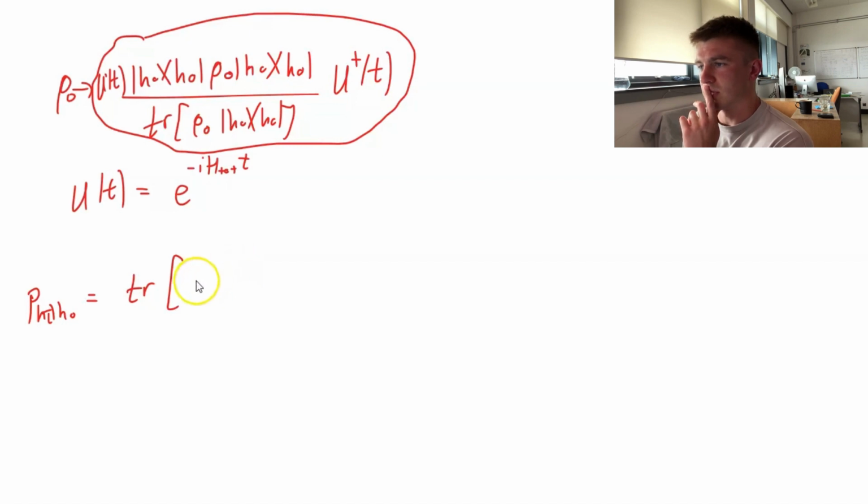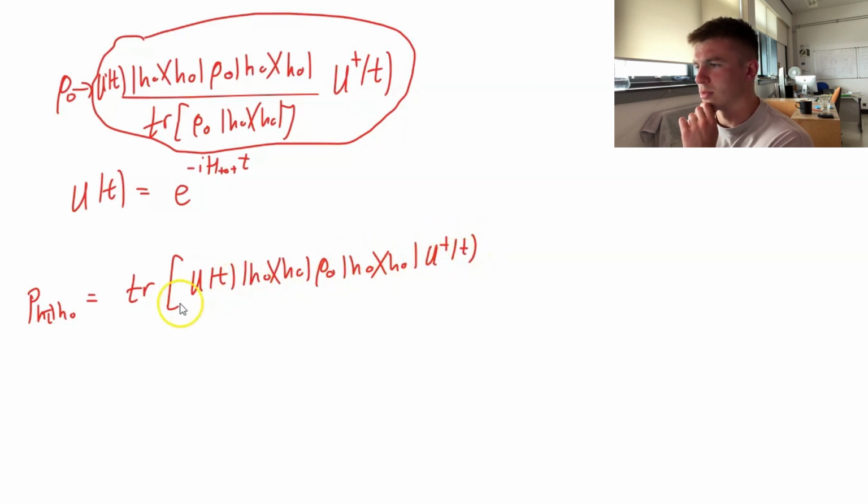So it's going to be this horrible state, divided, this is for normalization, times the projector onto h tau.